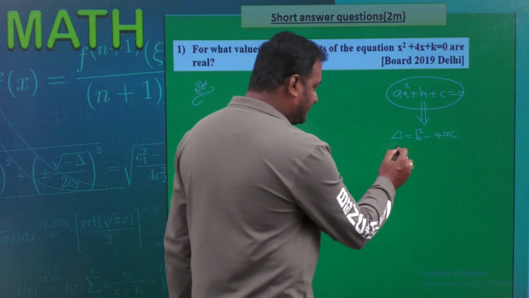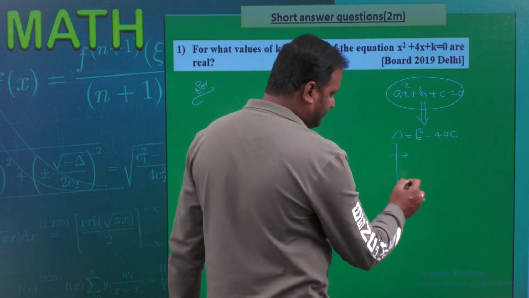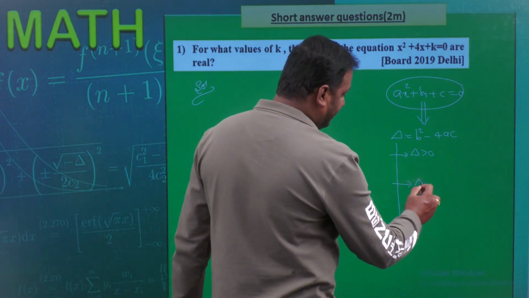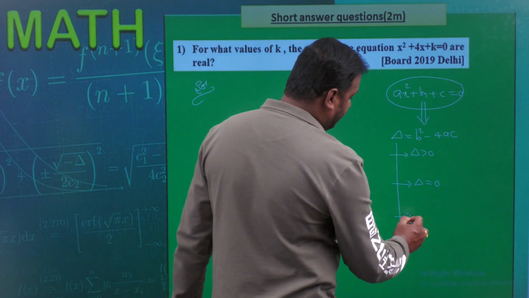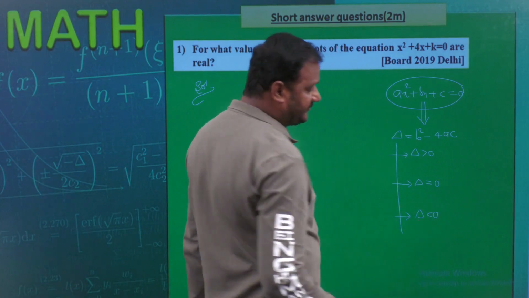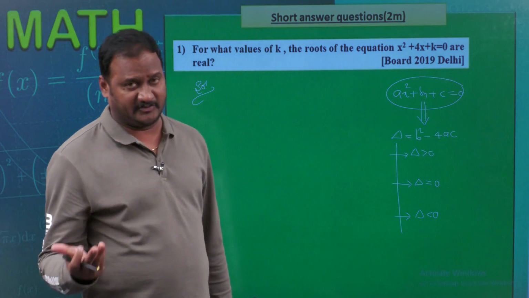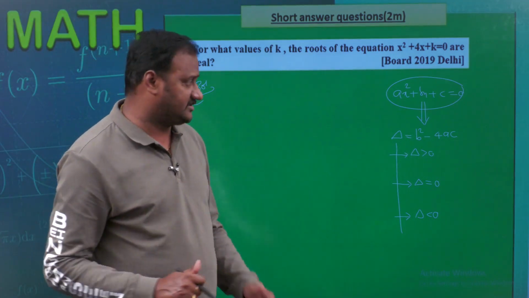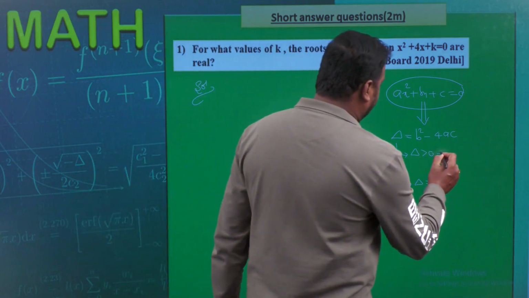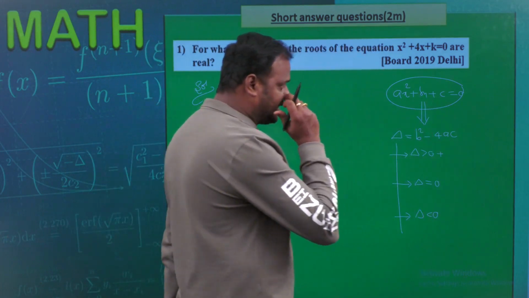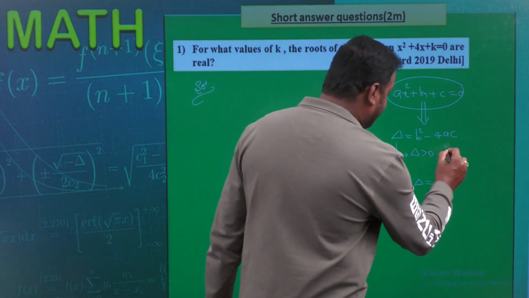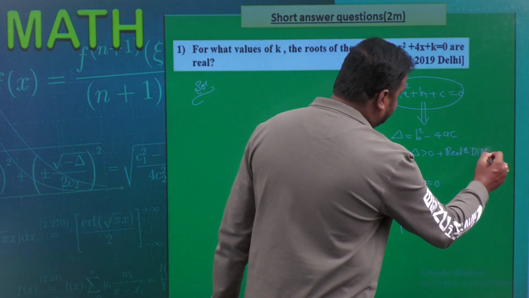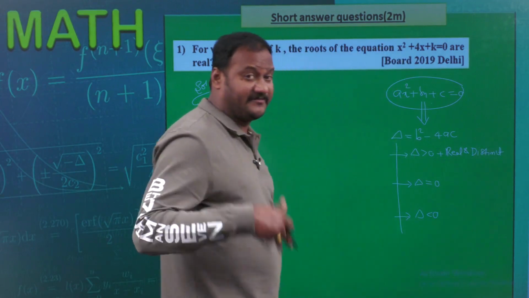Delta can be greater than 0, equal to 0, or less than 0, because any number can be positive, negative, or 0. If delta is greater than 0, then what kind of roots does this quadratic equation have? It has real and unequal roots. Unequal roots are nothing but distinct, different roots.